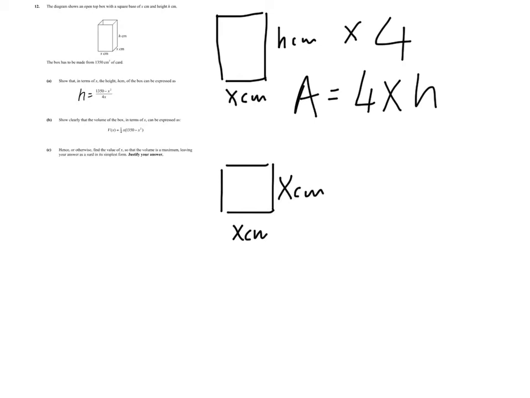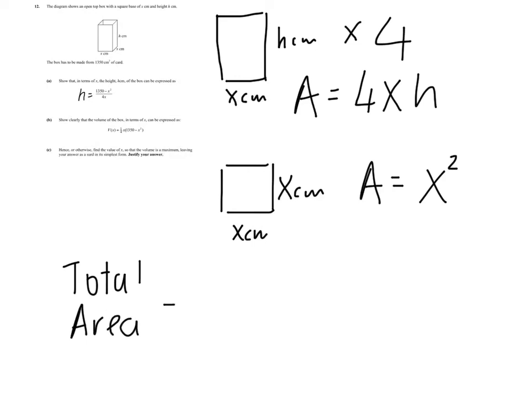So once again, the area is length times breadth, which is x times x here, which means x squared. That means our total area for the whole box is the 4 rectangular parts plus the base. So that's 4xh plus x squared.